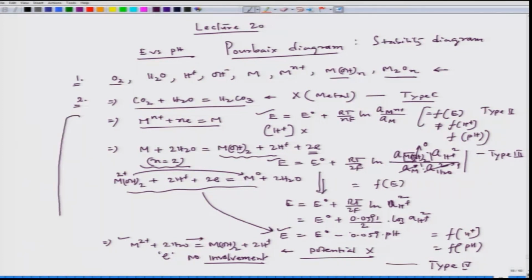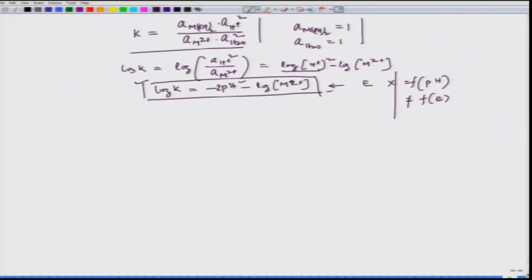So, we are considering these reactions to happen in the aqueous system, and that would lead to the plotting of E versus pH, and that would give us the Pourbaix diagram.